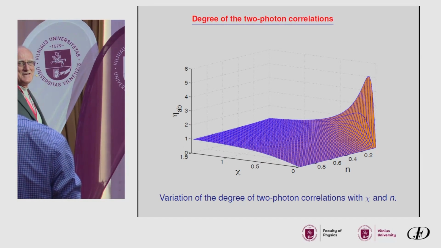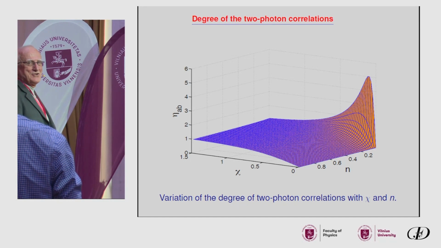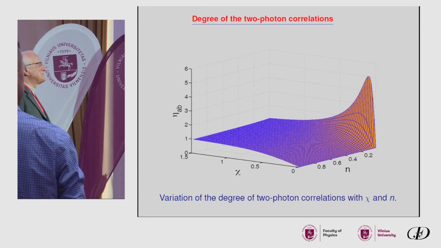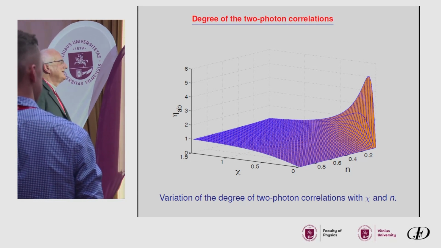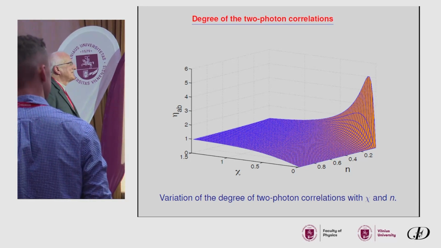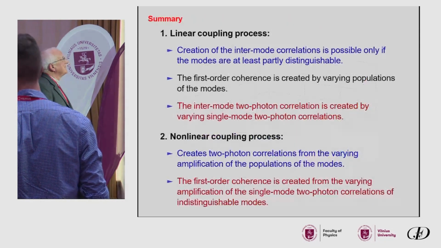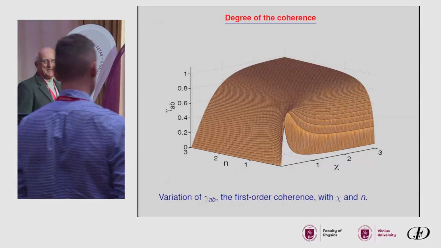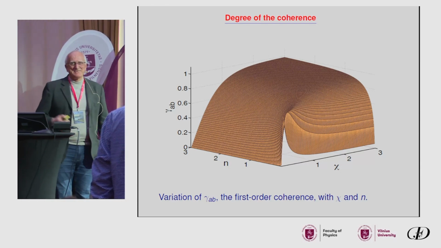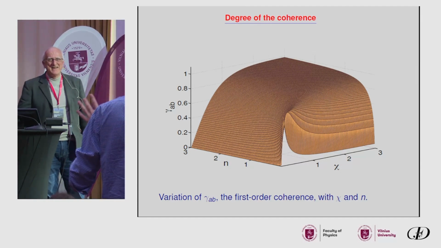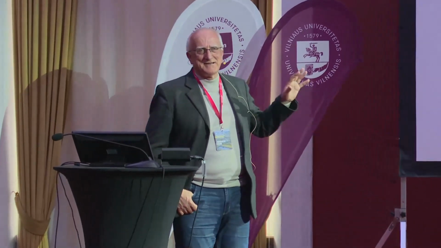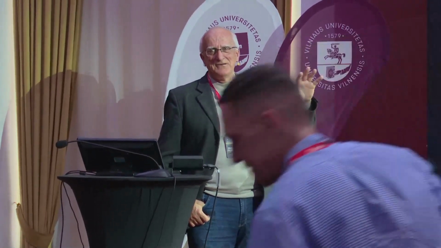So with strong nonlinear coupling, you get modes which are left classically correlated, but maximally coherent. It's a completely reverse situation. I'm sorry, I didn't have the time to tell; I'll compare it during the coffee break. But just to summarize, nonlinear coupling does the reverse of what linear coupling is doing.